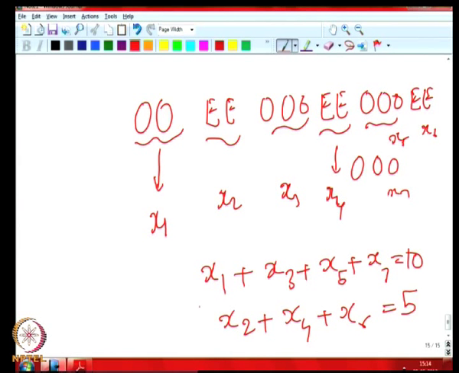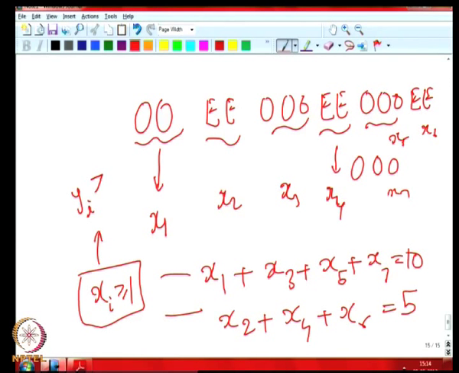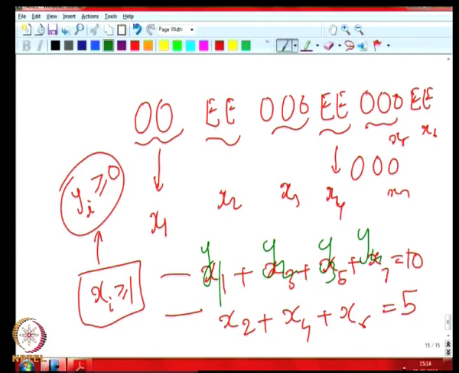Because each xi is greater than or equal to 1, we convert to yi, where yi has to be greater than or equal to 0. When we substitute y1, y2, y3, y4 here, this will become 6 instead. Similarly, when you substitute y2, y4 and y6 here, this will become 5 minus 3, that is 2.